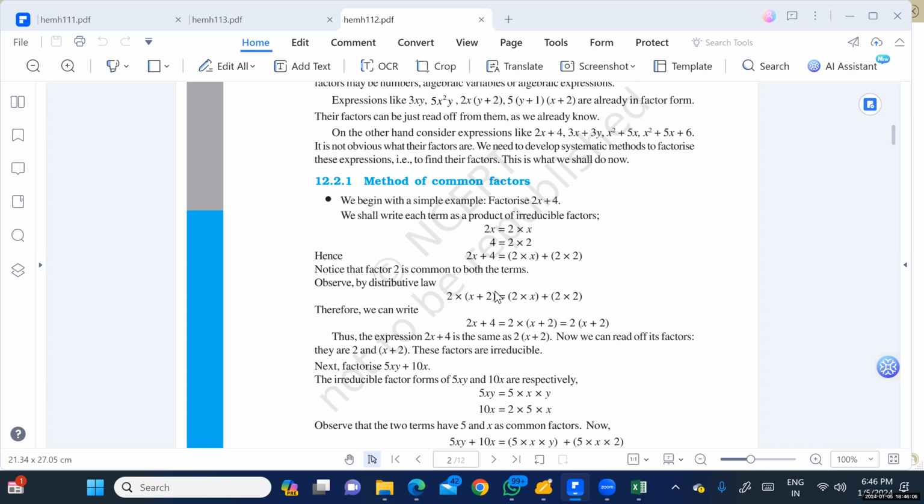Please go to Google and explore what the distributive law is and let me know the answer. I'll give you 1 minute. Find out what the distributive law is.